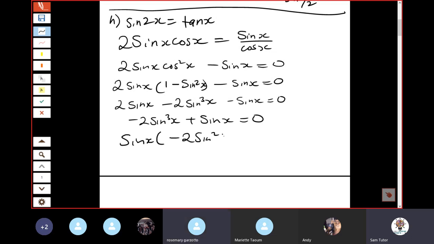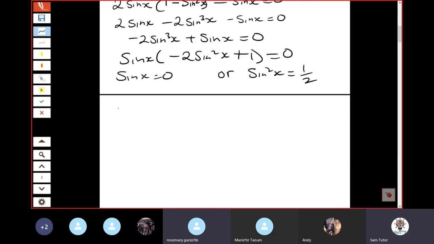Negative 2 sine x times sine squared x plus 1. And then sine x equals 0 and 2 sine squared x equals 1. Did you see what I did there? I subtracted the 1 and I divided by negative 2. So sine squared x is a half. All right, finish it off.